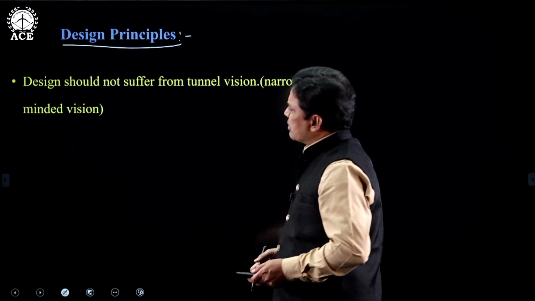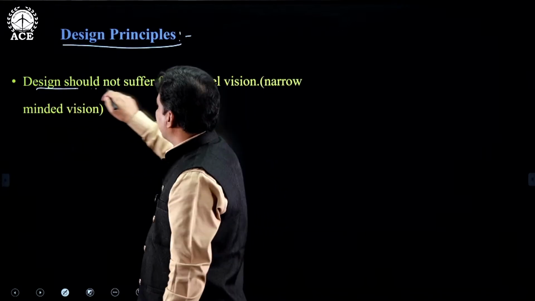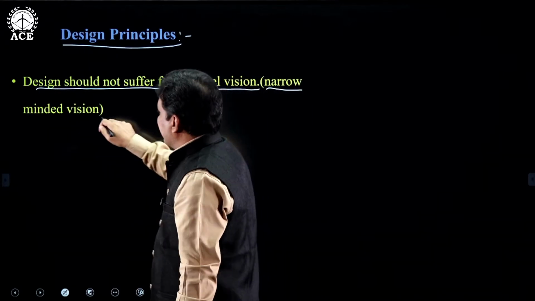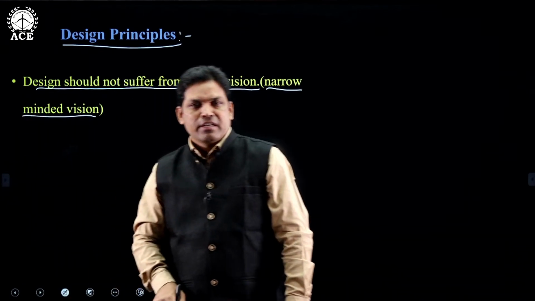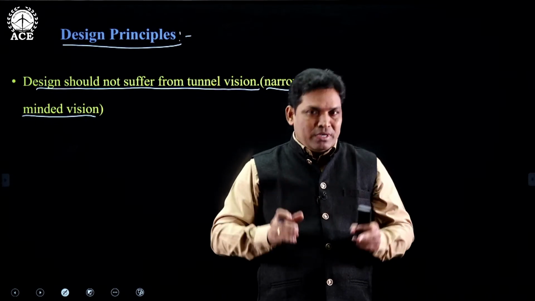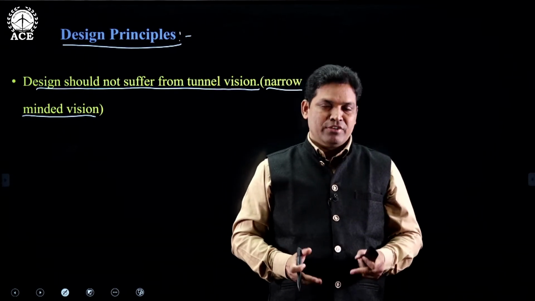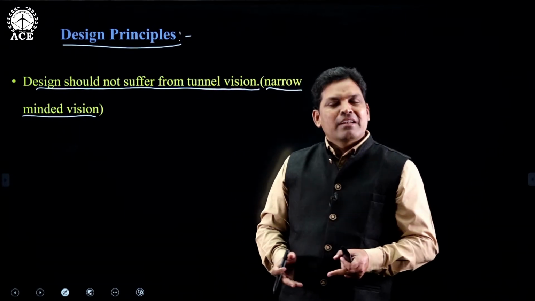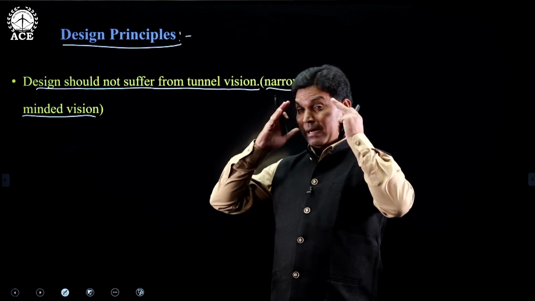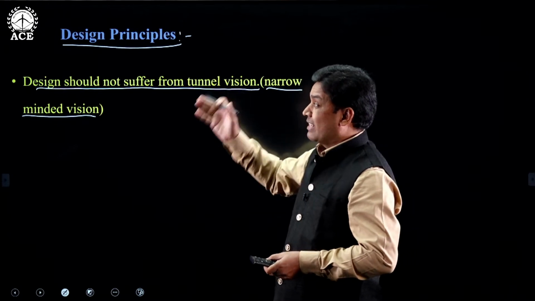Design should not suffer from tunnel vision, meaning narrow-minded vision. When designing a software system, designers should not think narrowly, they should think broadly. If they think narrowly, the quality might not be maintained. They have to think broadly, and based on that, design the software system.